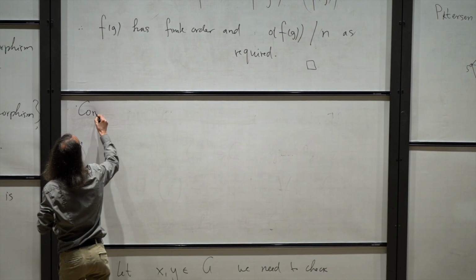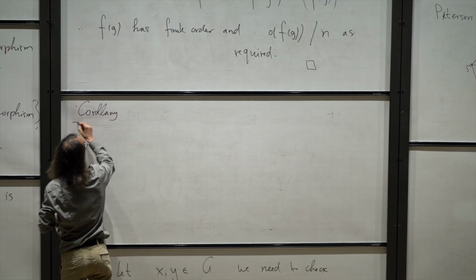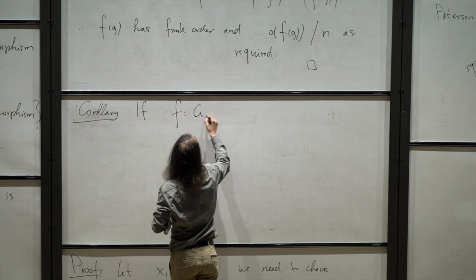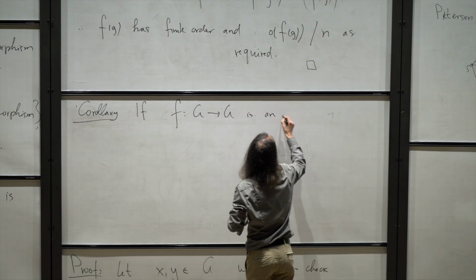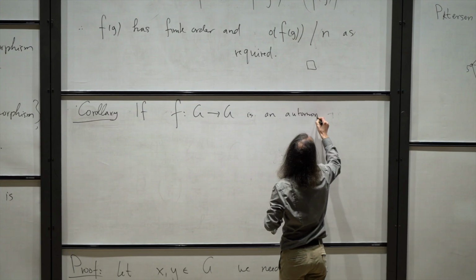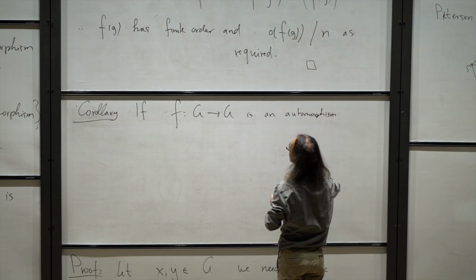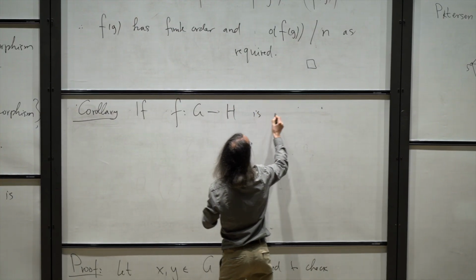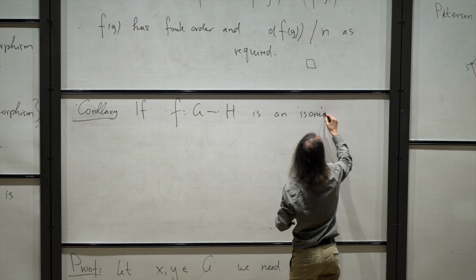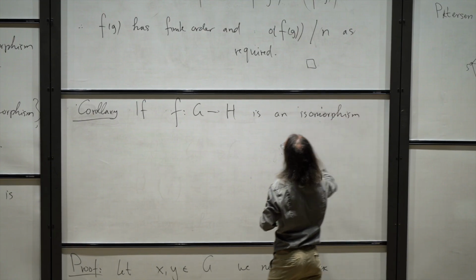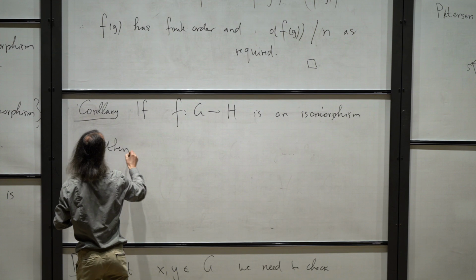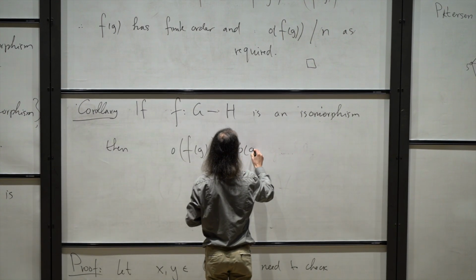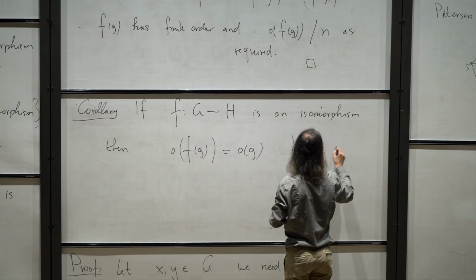Corollary: if f from G to G is an automorphism, actually, if f from G to H is an isomorphism, more generally, then the order of f of g is equal to the order of g for any g in G. Okay?